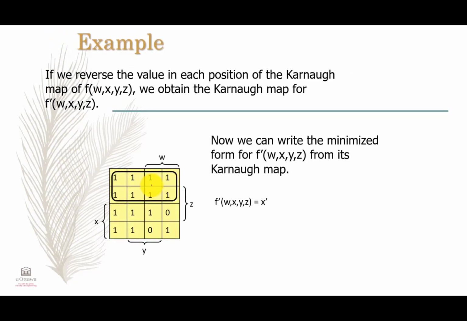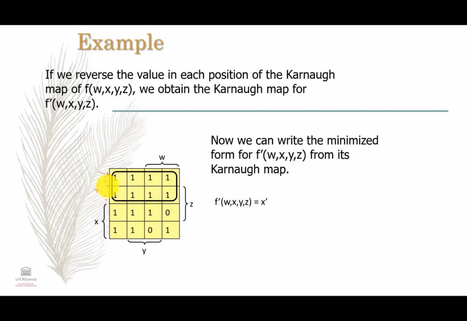When you group all the ones in a group of 8, you're going to eliminate all the literals and keep just one literal, because you're taking something that belongs to x prime. X prime is the only thing that's not changing when you are sliding across the columns or sliding down the rows, because that is 0, 0, and 0, 1.